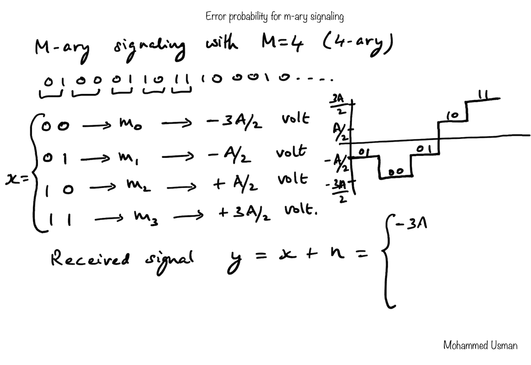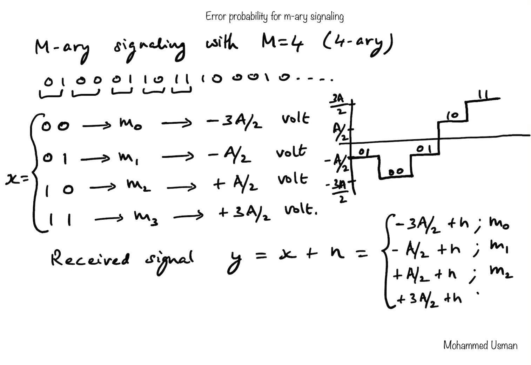It can be minus 3A by 2 plus noise if we are transmitting M0, or minus A by 2 plus noise if we are transmitting M1, or plus A by 2 plus noise when M2 is transmitted, or plus 3A by 2 plus noise when M3 is transmitted. So we have four possibilities for the received signal Y, depending on what was transmitted.